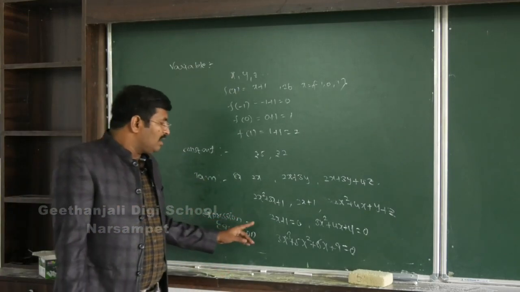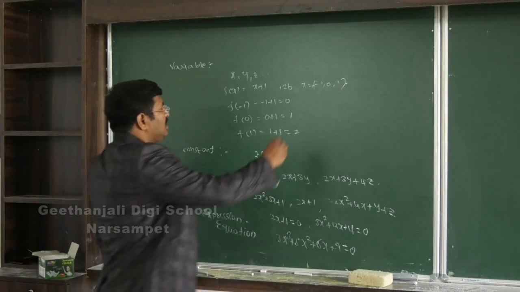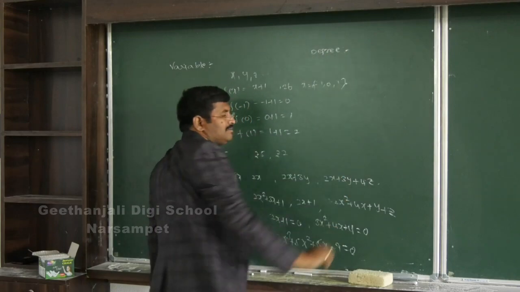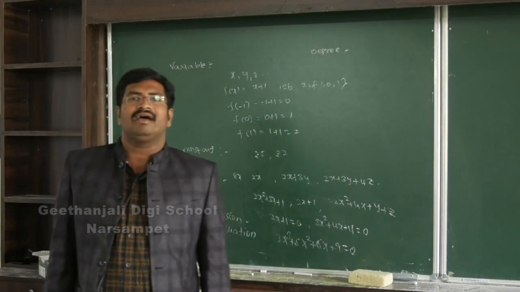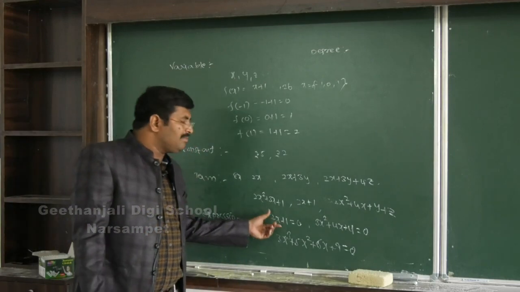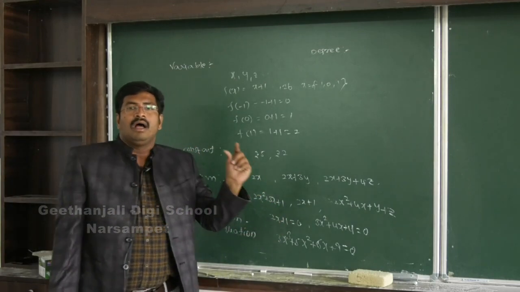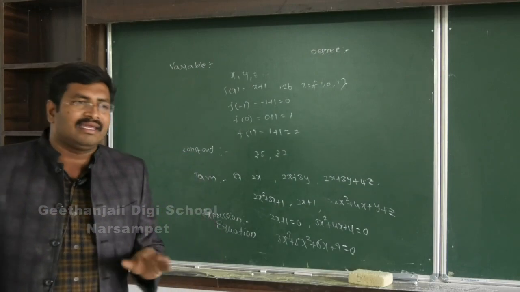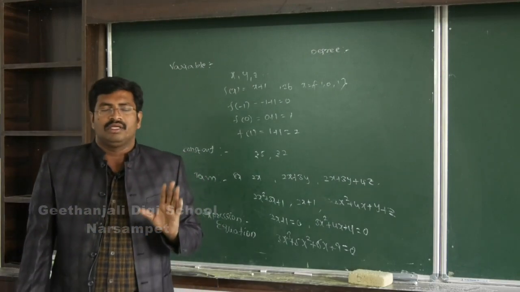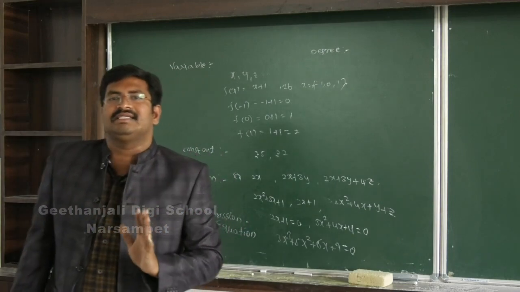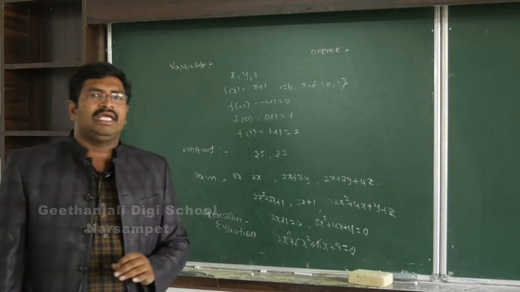Before going to that, what is the degree of the equation or expression? Degree means the highest exponent of the equation. See once again, the highest exponent of the equation is nothing but the degree of the equation.